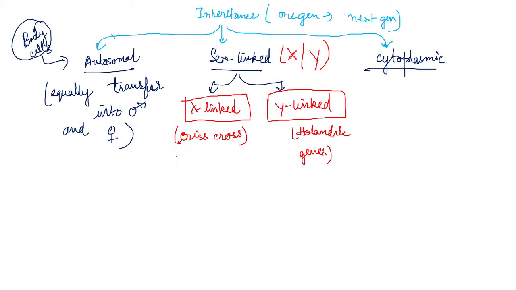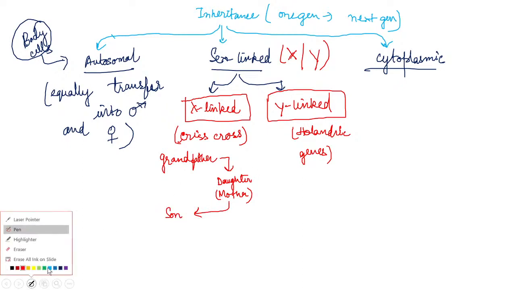The crisscross inheritance is that there will be transmission of the characters from the grandfather to his daughter, who will be your mother, okay, and mother to the son. So who is the carrier? There will be indirect transmission, right?